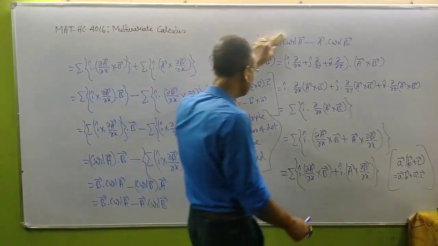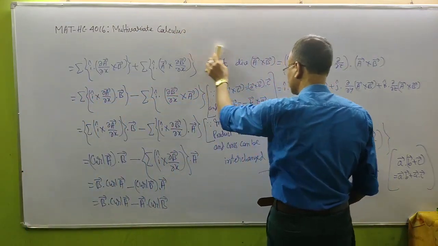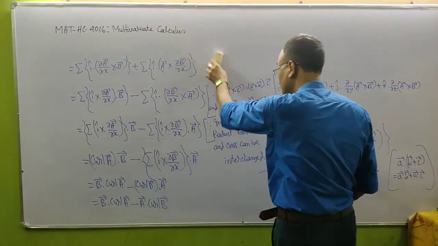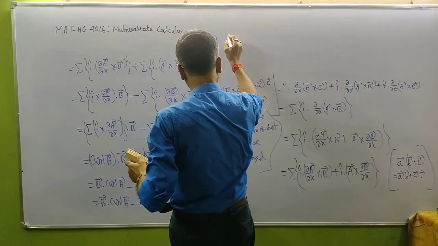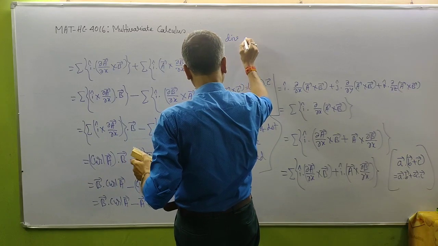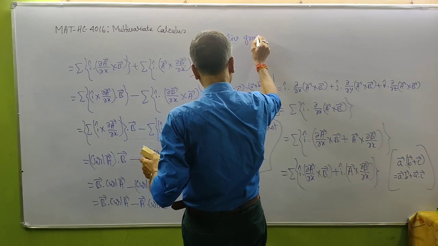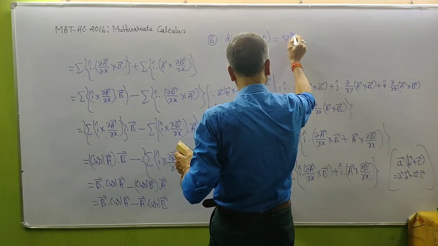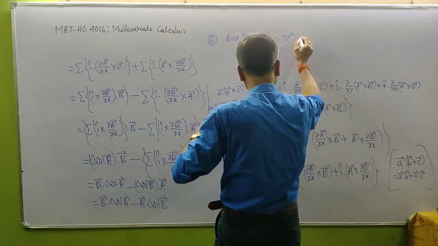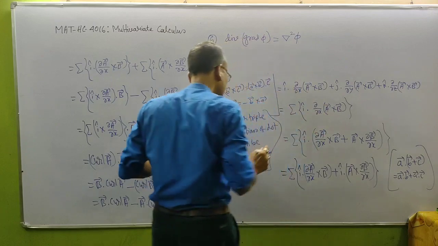Let me prove number 6. Let me write the statement of number 6. Divergence of gradient of phi equals Laplacian square phi.